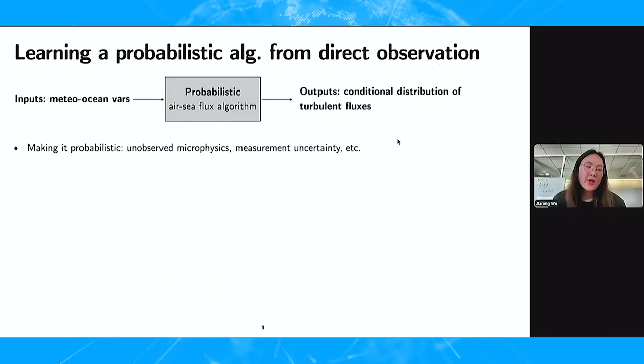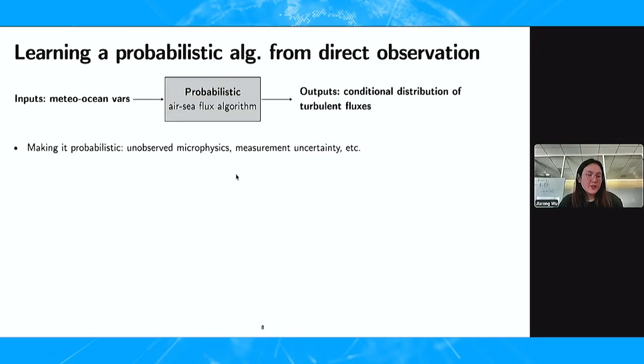And one important distinction of this work is that we developed a probabilistic algorithm. What that means is instead of thinking of the algorithm as deterministically giving you an output given the input, we make the output the conditional distribution of turbulent fluxes given the input of the meteorological and ocean variables.